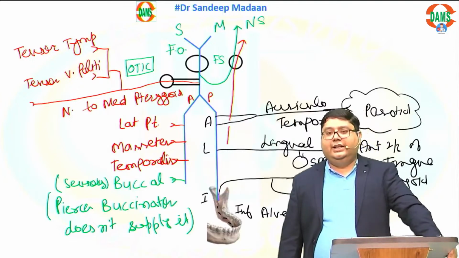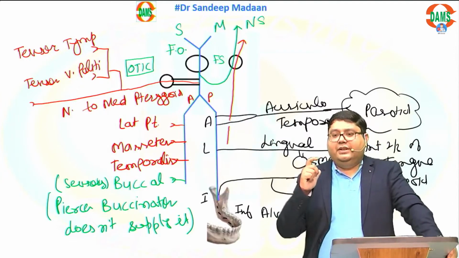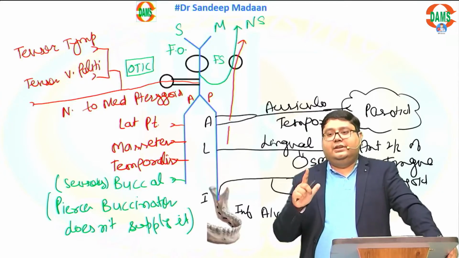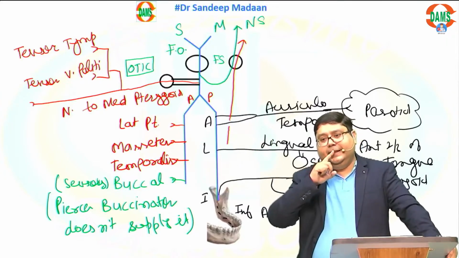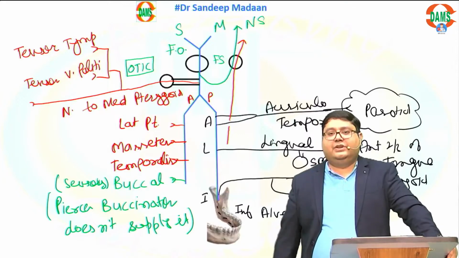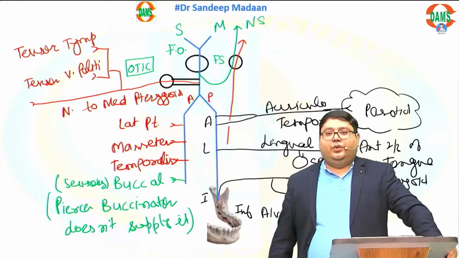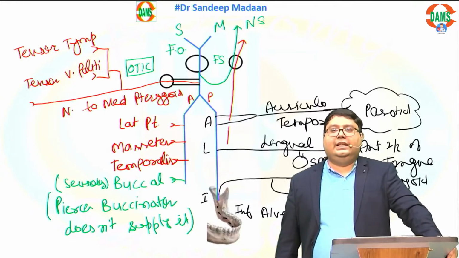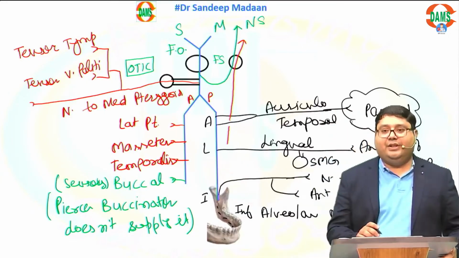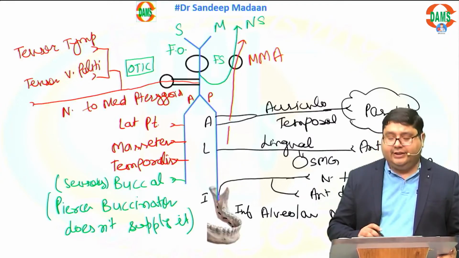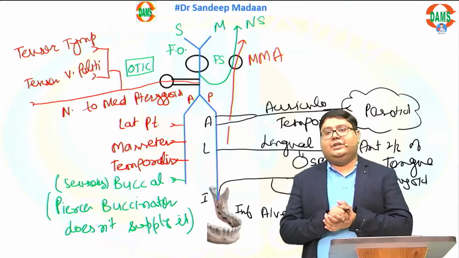We have already discussed it in the beginning when we discussed the meninges. That time we talked about this artery. Can you recall? That is middle meningeal artery, correct? Now I will take you guys to the image.